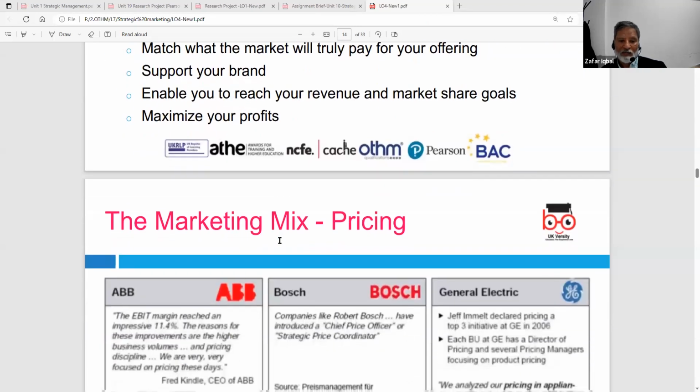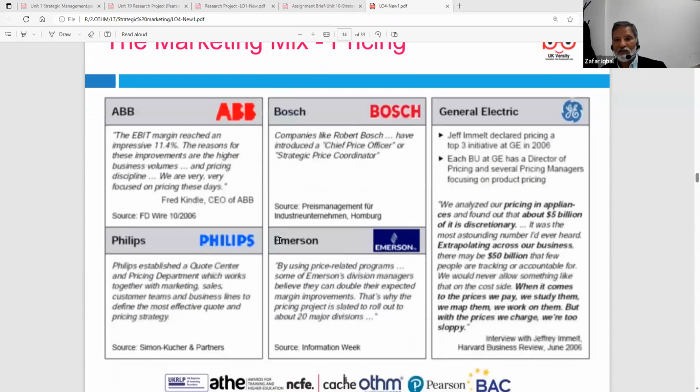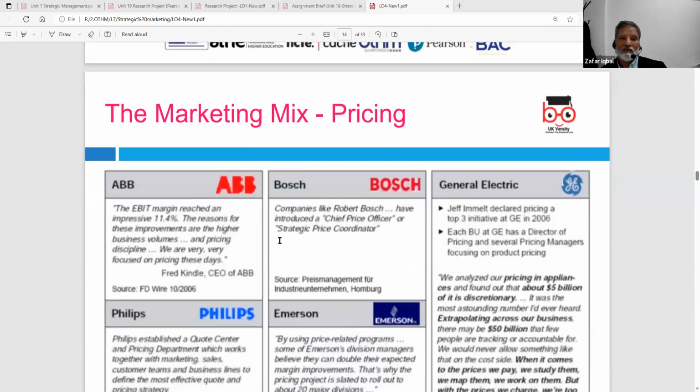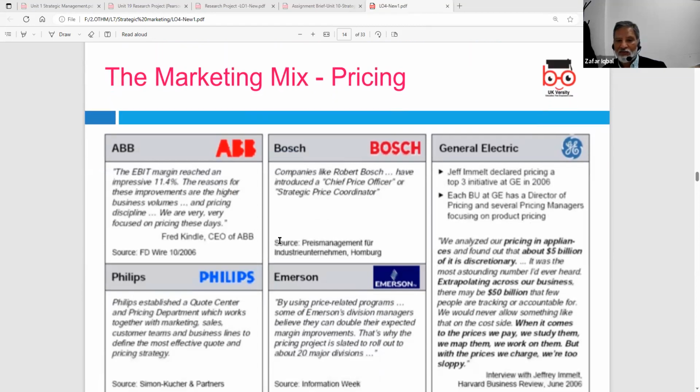Okay, pricing, for example, different pricing is charged for different products by different firms. For example, companies like Bosch have introduced a chief price officer or strategic price coordinator to look at the pricing.